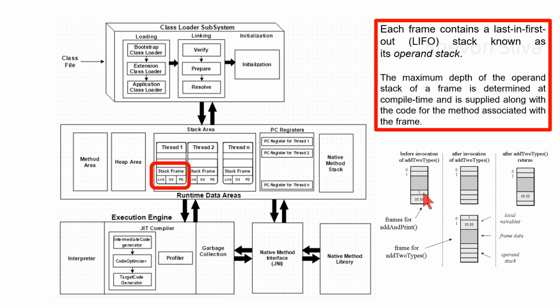The two variables have two values here, 1 and 8.88, and after add two types returns, you can see the added value is here, 89.88.